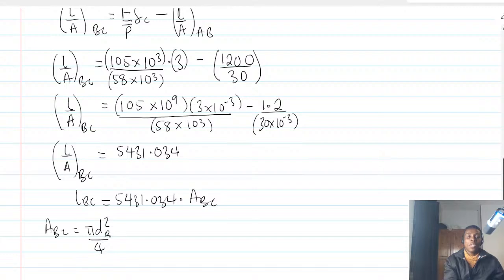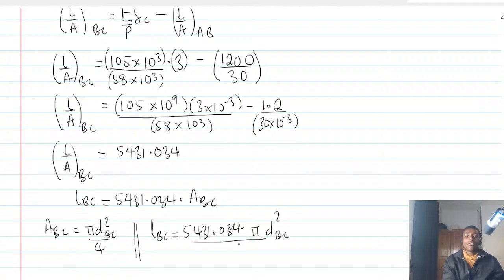And in fact, that is how we can solve for the diameter. So length of BC will be 5431.034 multiplied by the area, which is pi d squared of BC all over 4.